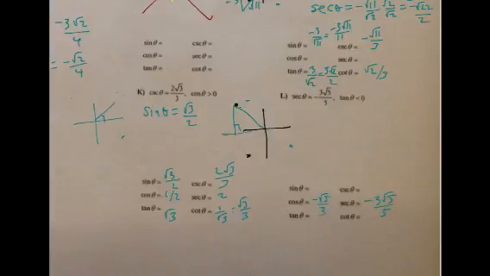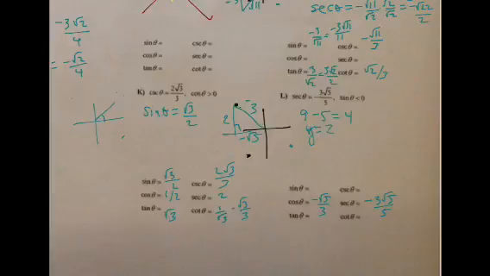Okay, so when you label your triangle, cosine is x over r. So we're missing the y, so 9 minus, you square the 3, you get 9. You square the radical 5, you get 5. So then that's 4, so square root of 4 is 2. So y is 2.